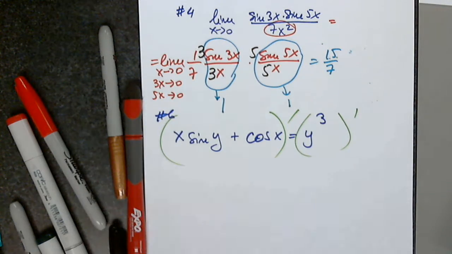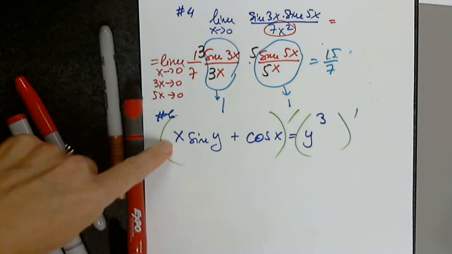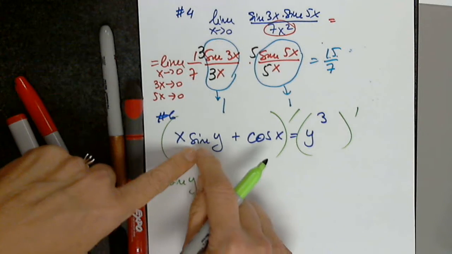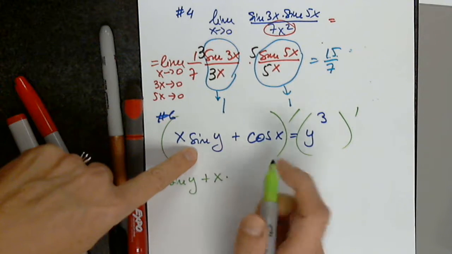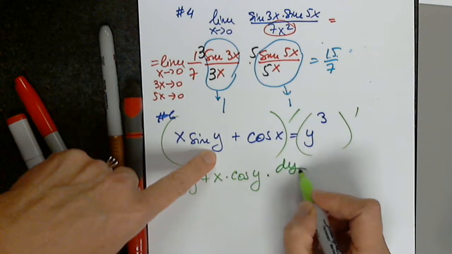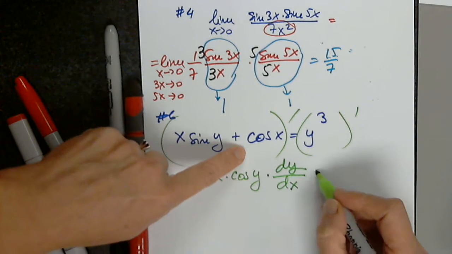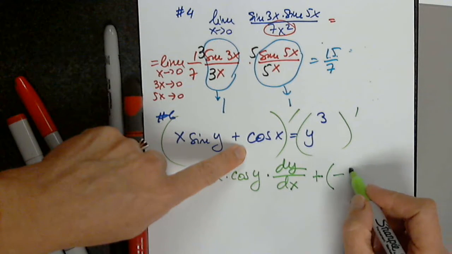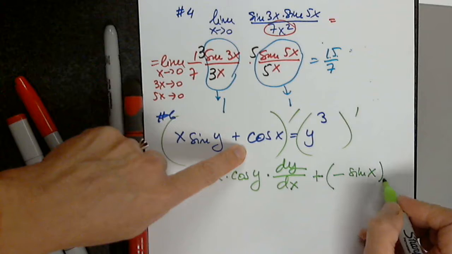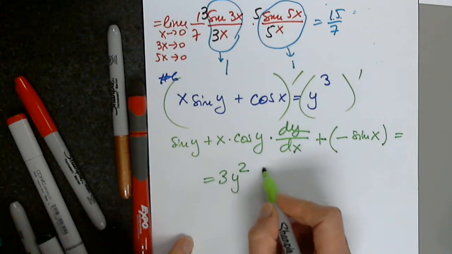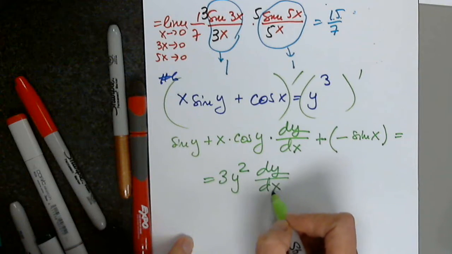So the left-hand side, x times sine y, so x prime is 1 times sine y plus x times the derivative of sine of a function, which is cosine of that function times the inner function prime. Plus, I should write minus, so this is minus sine x equals 3y squared dy over dx.